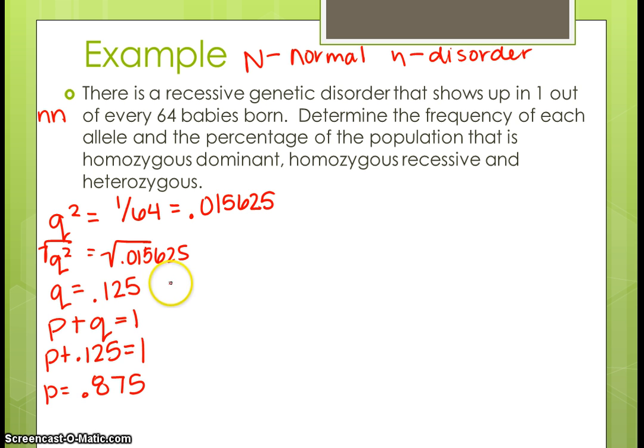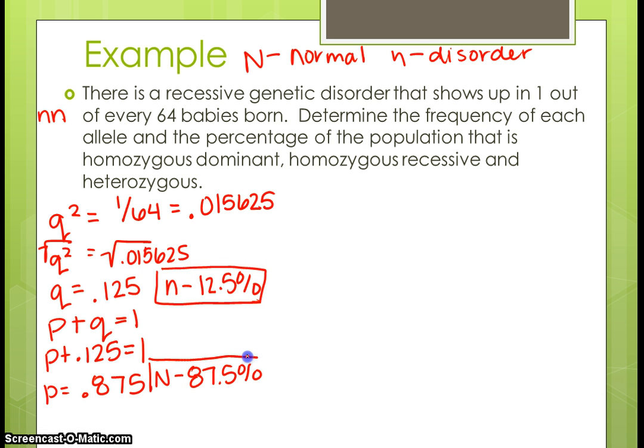So what this means is that little n will show up 12.5% of the time, and big N is going to show up or be a part of 87.5% of the population. So that's our first part here, solving for the frequency of each allele.